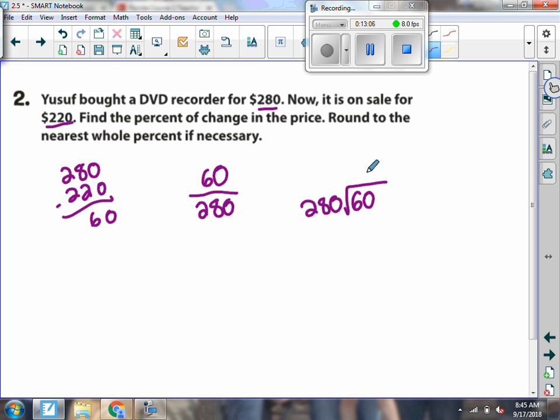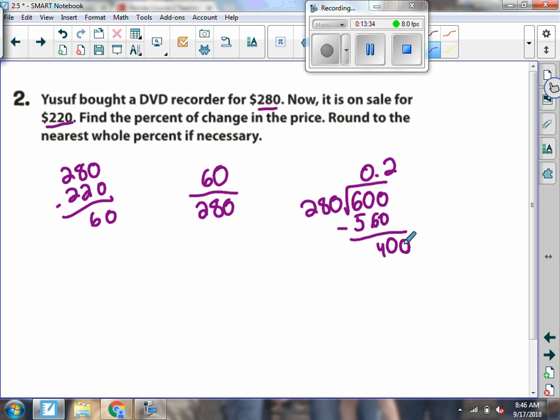280 goes into 60 0 times. So I add a 0 decimal and another 0. 280 goes into 600 2 times. So 280 times 2 gives me 560. Okay, 600 minus 560 is 40.